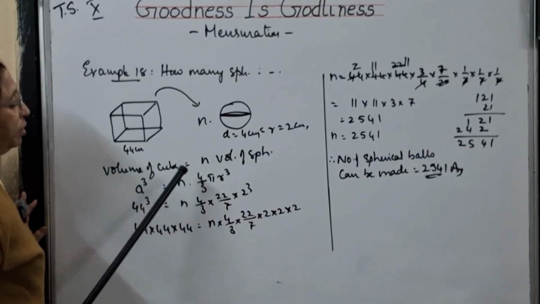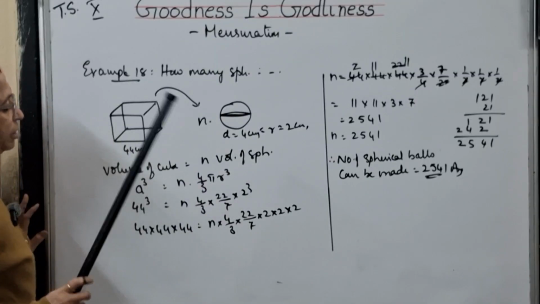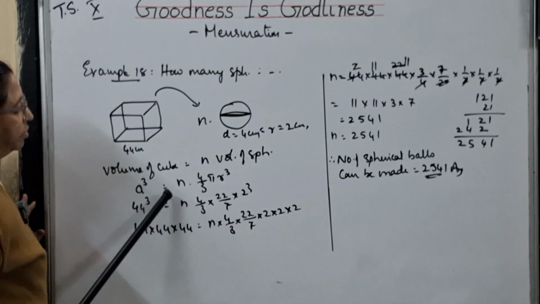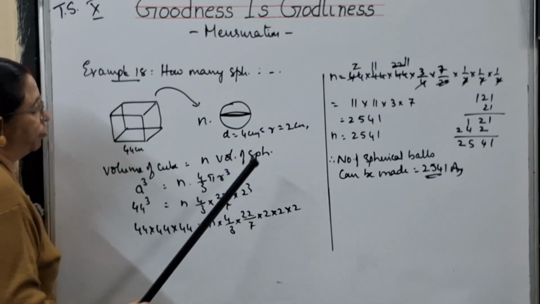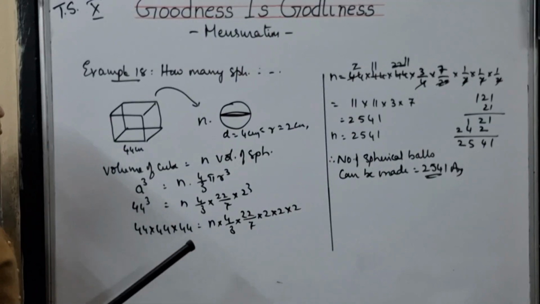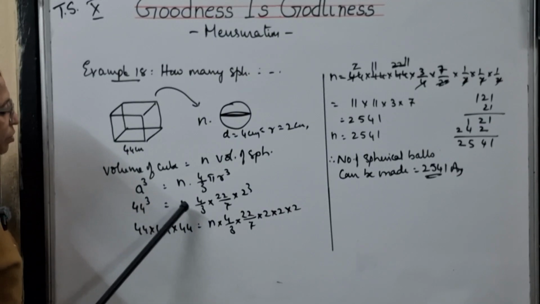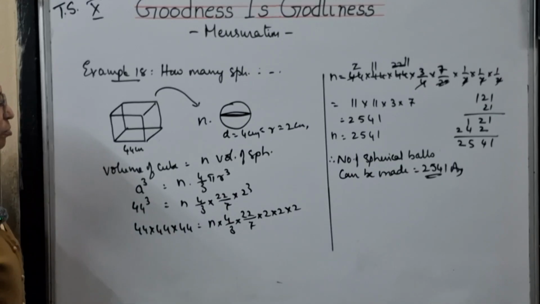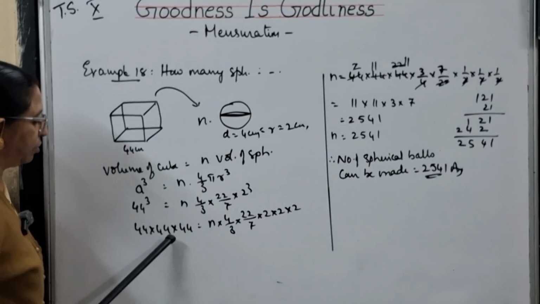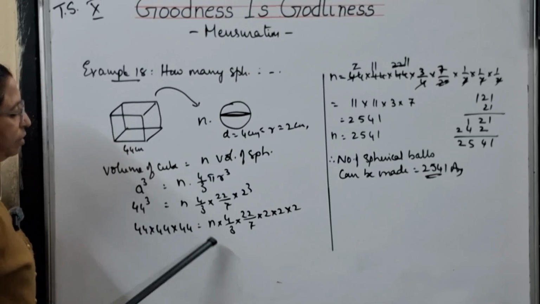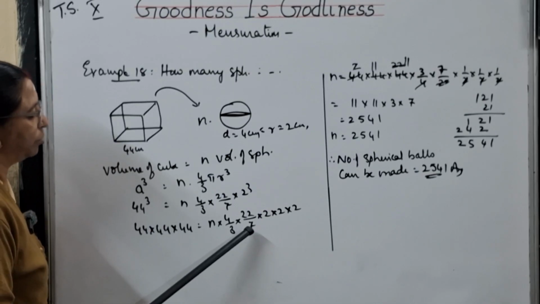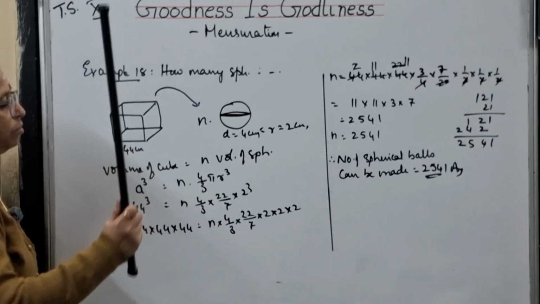Volume of cube is a cube, equal to n into volume of sphere, 4 by 3 pi r cube. So 44 cube is equal to n into 4 by 3 into 22 by 7 into 2 cube. So 44 into 44 into 44 is equal to n into 4 by 3 into 22 by 7 into 2 into 2 into 2.